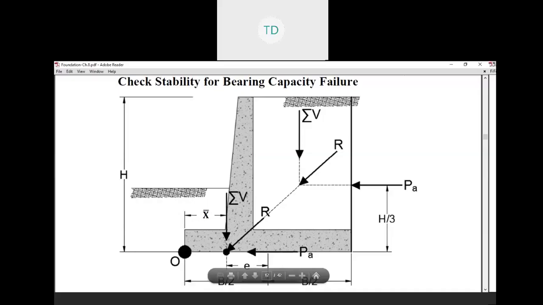As we see, the resultant force is not applied at the center of the base of the retaining wall, so there is an eccentricity between the location of the resultant force and the center of the base.